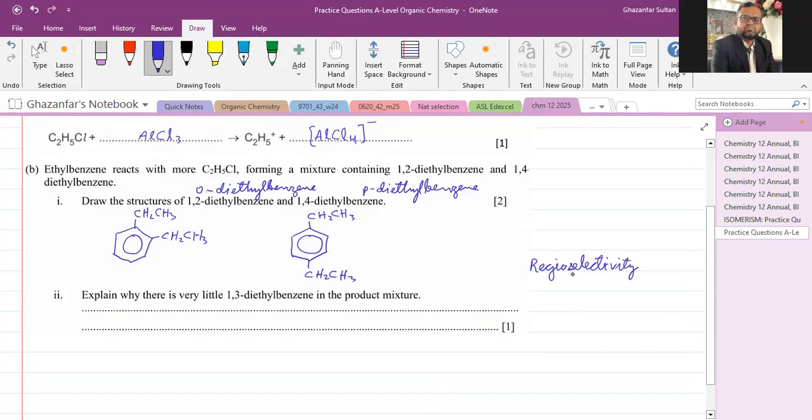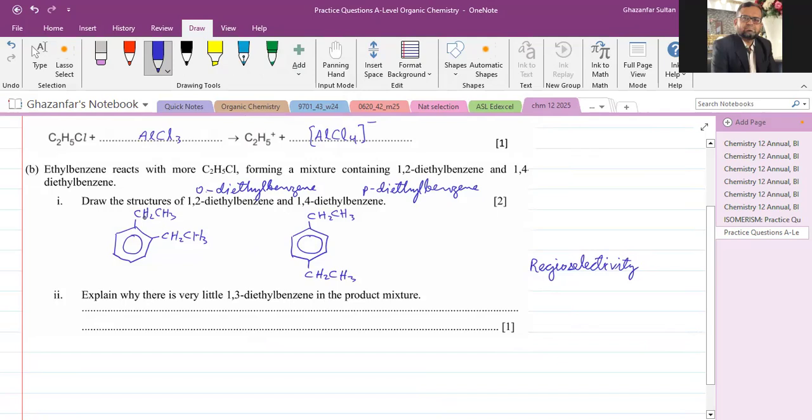Although this term is neither in A level nor in intermediate chemistry, regioselectivity means multiple products are possible, but one or two of them are predominant. So the other product can be there, but in very little quantity.